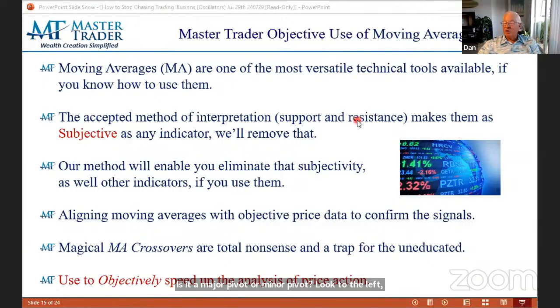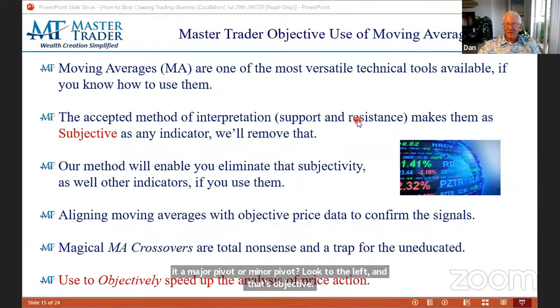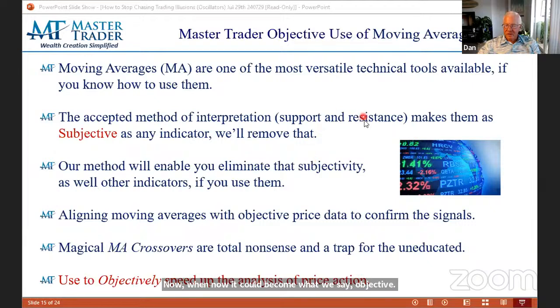Now it could become, what we say, objective, meaning if enough, remember we said technical analysis is the sum total of all market participants. Well, big money, mutual funds and so forth, widely do follow the 50 and 200, for example. So that's why we look at them too. But they're nothing but a squiggly line without being confirmed with objective information. And that's what we'll show you.